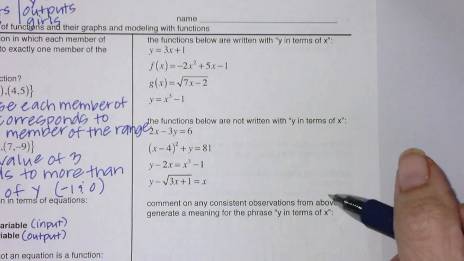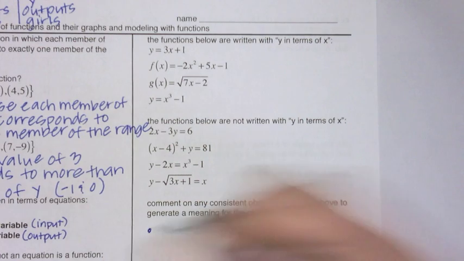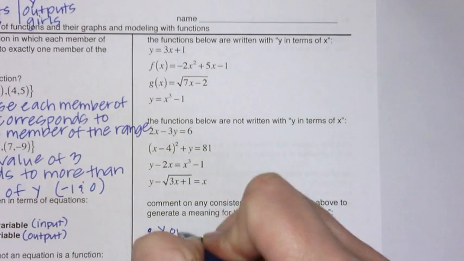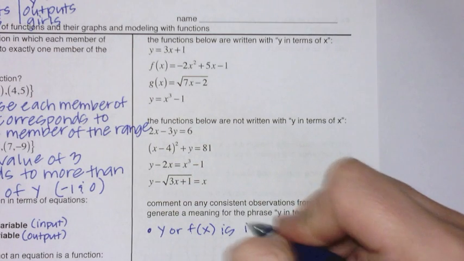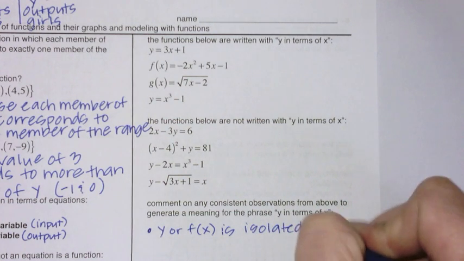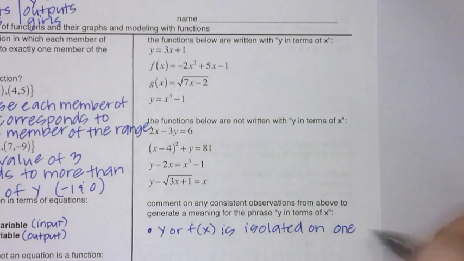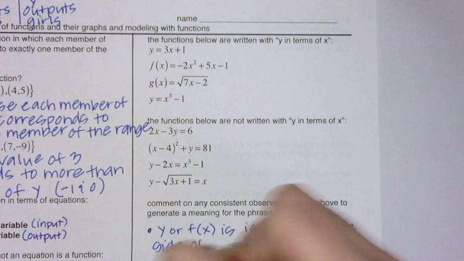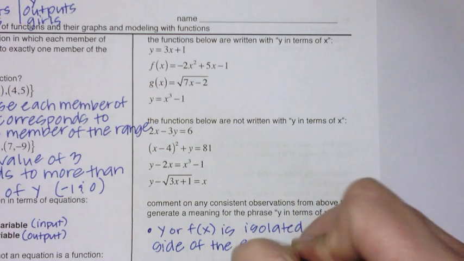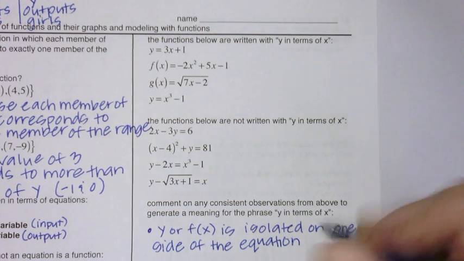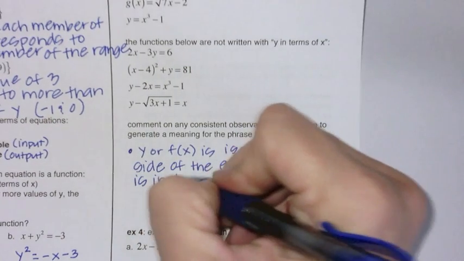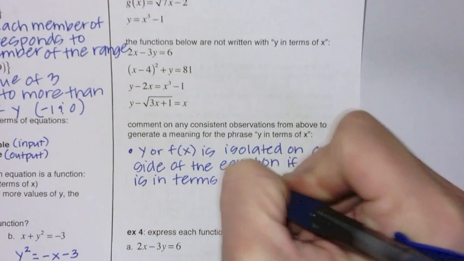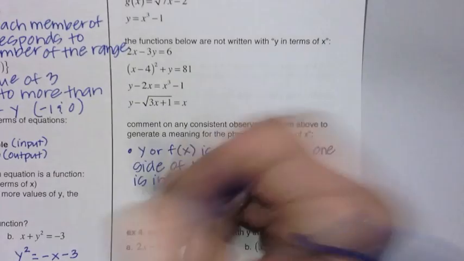So we did ask you to comment in any observations, but since we are not doing this in class, we're going to say y or f of x is isolated on one side of the equation, if y is in terms of x. One other thing, I might say this a little differently.